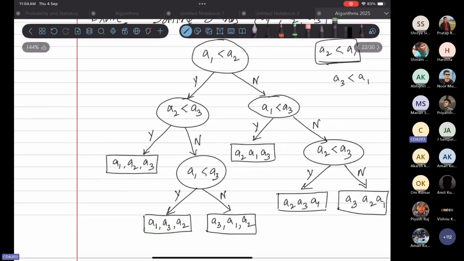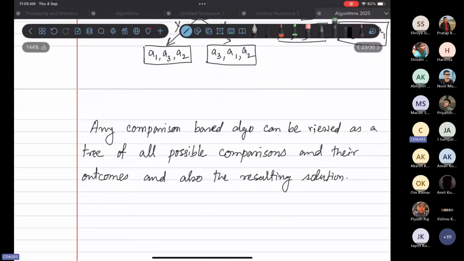So in this decision tree, I have followed certain things like the comparisons. I am highlighting them as an oval shape, and the outcomes of the comparisons are denoted by these directional arrows. Okay? And the final solution, the resulting solution, is given in a rectangular box. Is it clear? And see what I have written here.